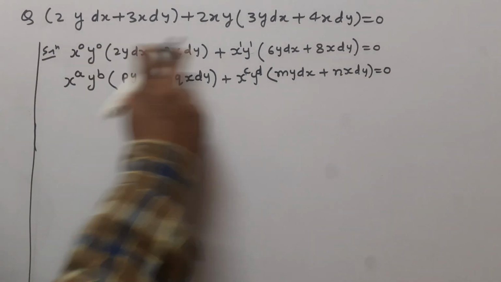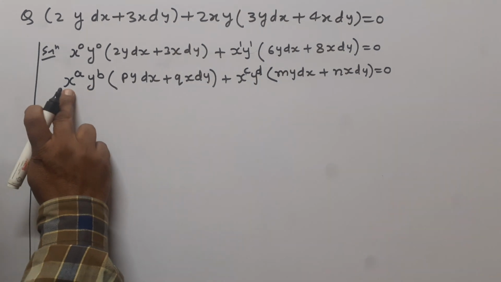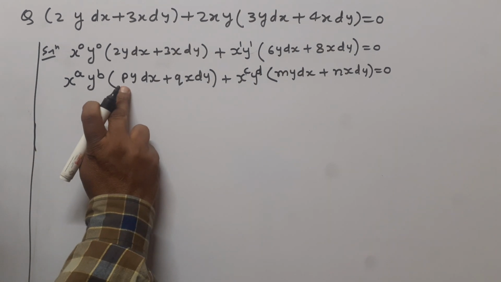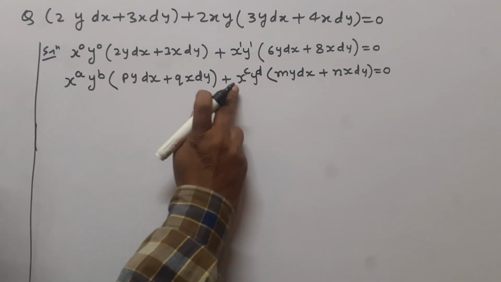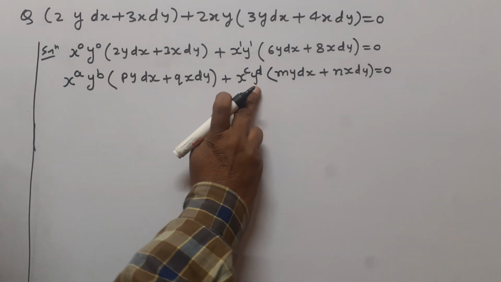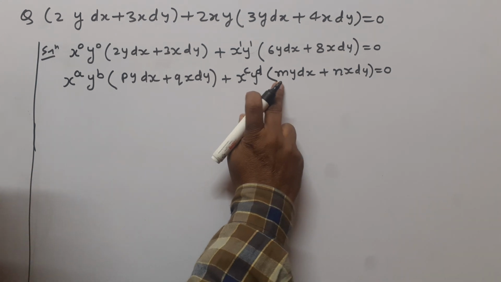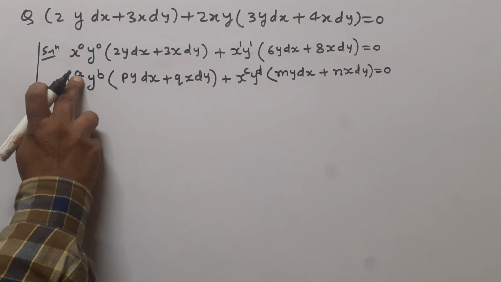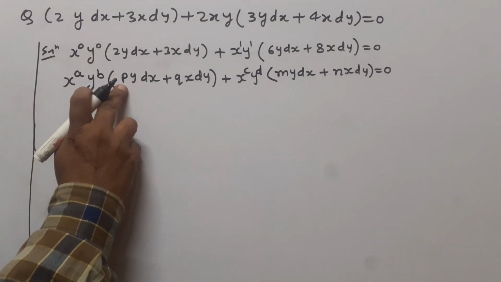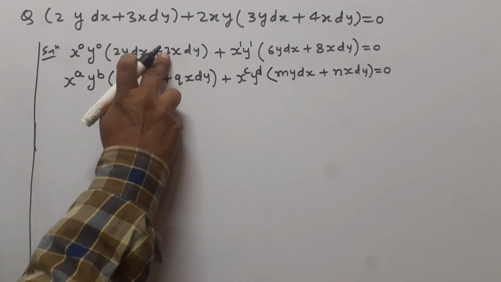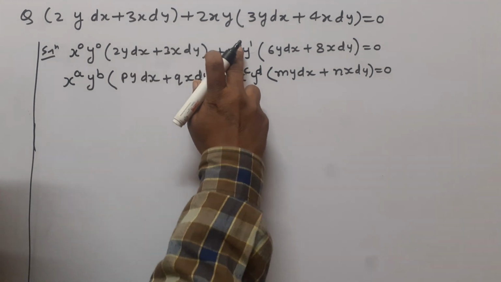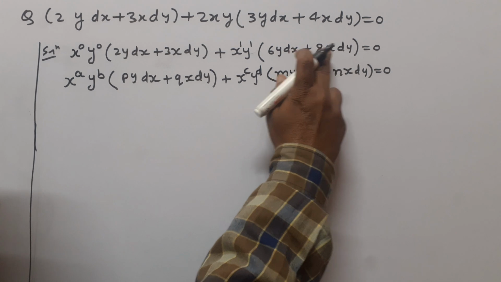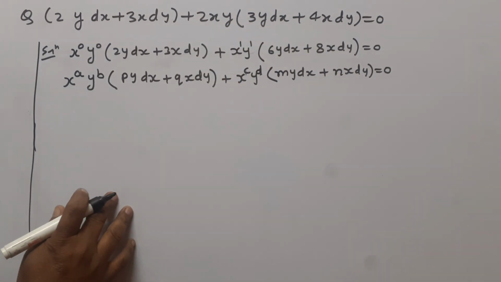We can check the given differential equation is in this form. Here the value of a is 0, b is 0, p is 2, and q is 3, and the value of c is 1, d is 1, m is 6, and n is 8.